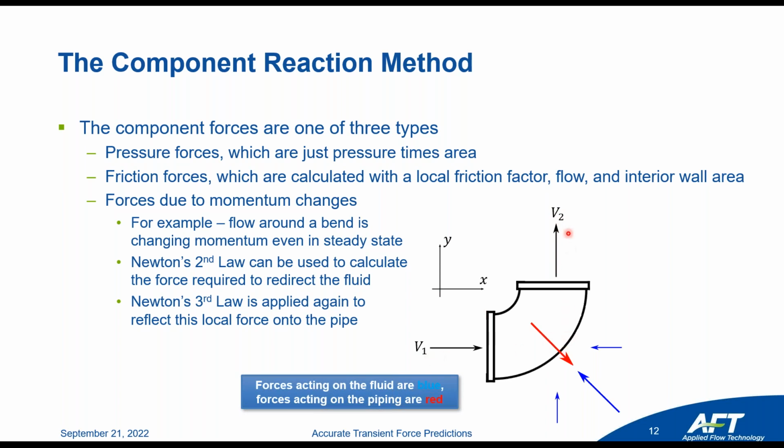So something has to be redirecting this fluid from horizontal to vertical. And that is a force acting up and to the left, this blue line here acting on the fluid. We can calculate that force with Newton's second law, relating this change in momentum to the force. And Newton's third law is applied to reflect this local force onto the pipe.